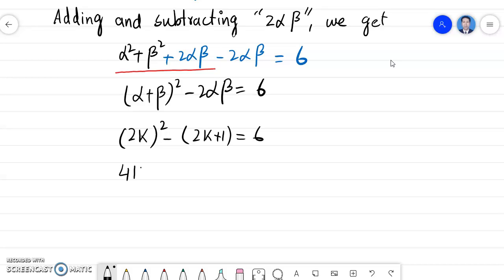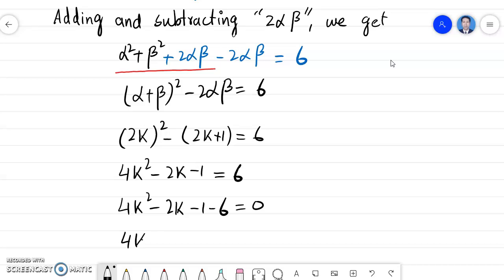So this is 4k square minus 2k minus 1 equal to 6, because the minus was before the bracket, both signs change. Bring 6 to this side: 4k square minus 2k, and minus 1 minus 6 equal to 0. So this is 4k square minus 2k minus 7 equal to 0.